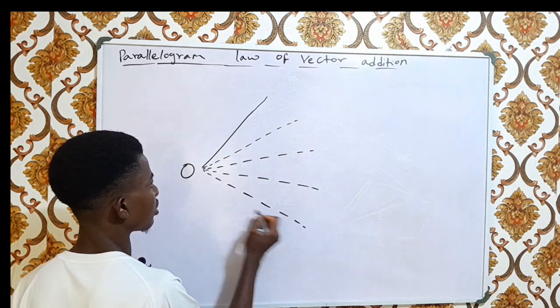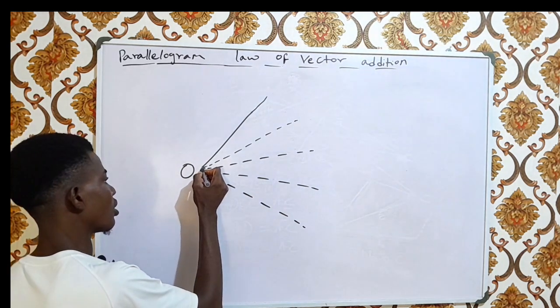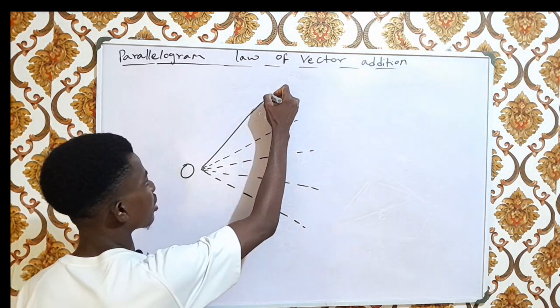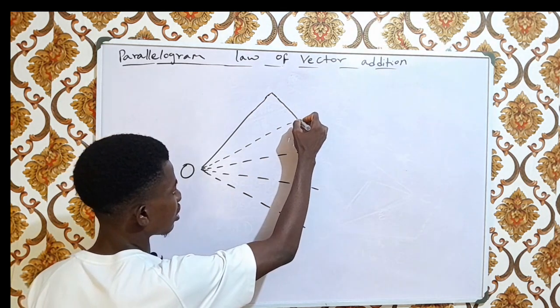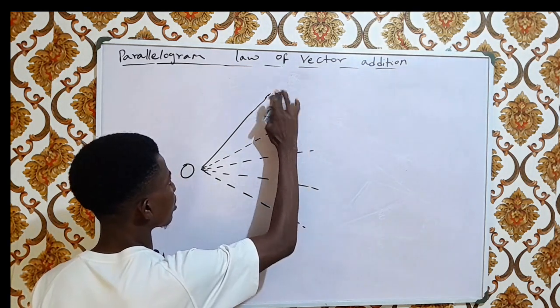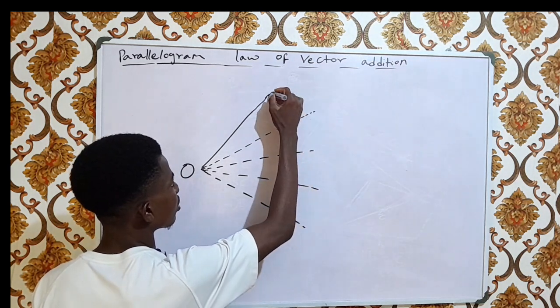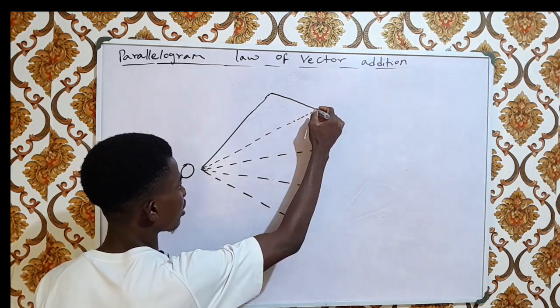Another vector. Let's stop here. And this vector moves like this.